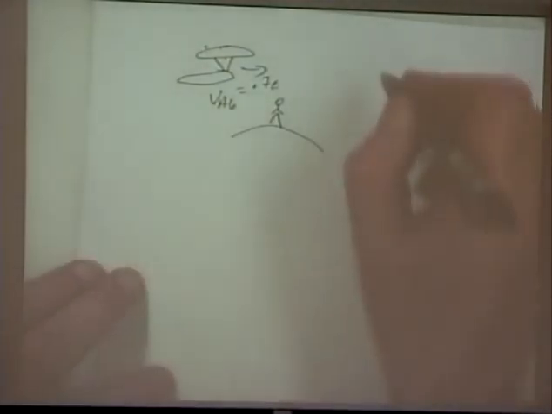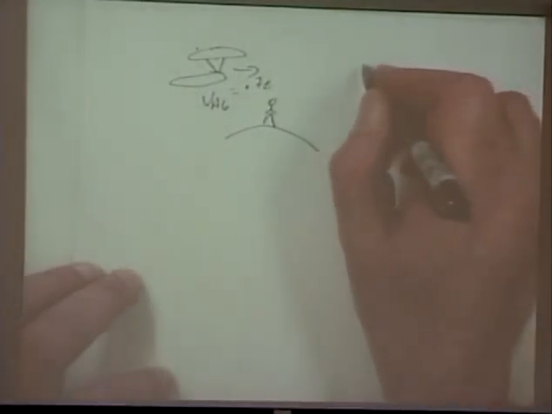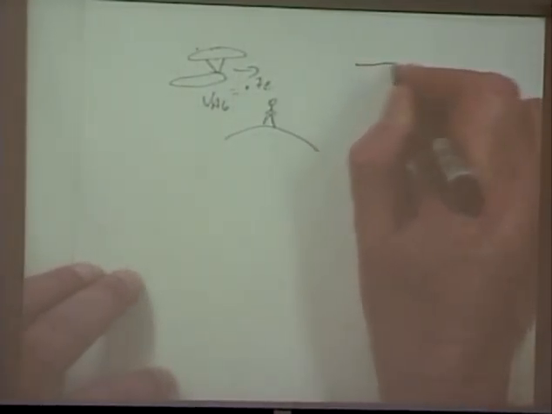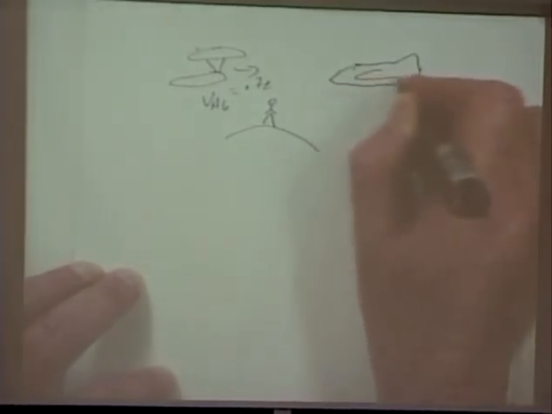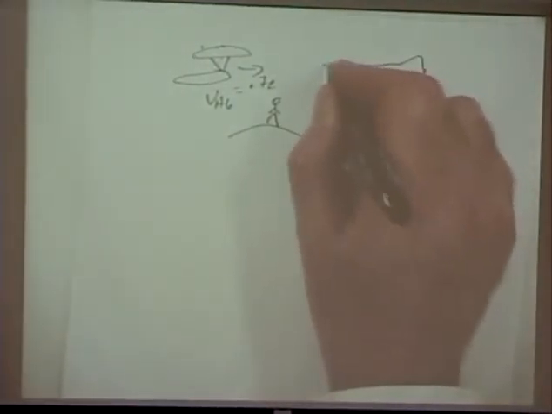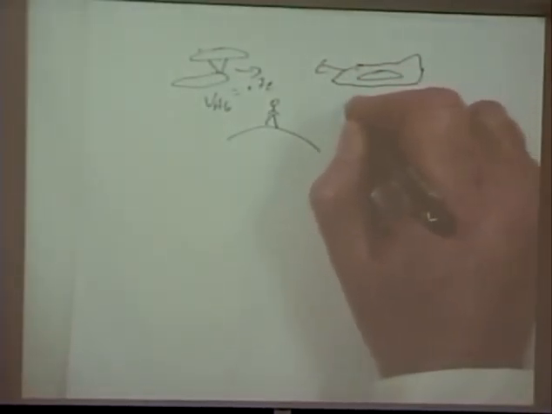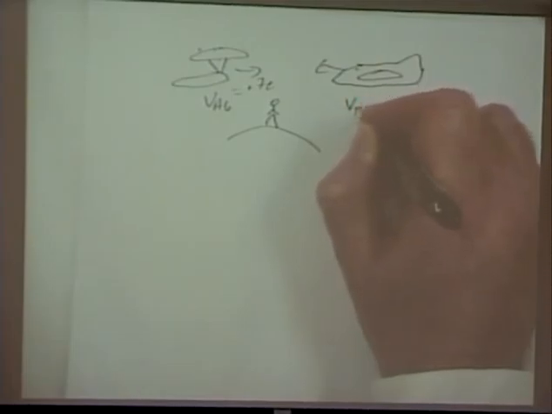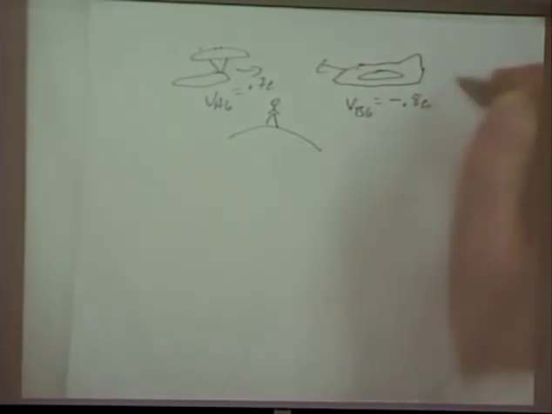Then I've got like my Klingon destroyer, which I can't draw without it looking obscene, so we'll just make a regular airplane, going this way. And the velocity of B to the ground is negative 0.8 c.